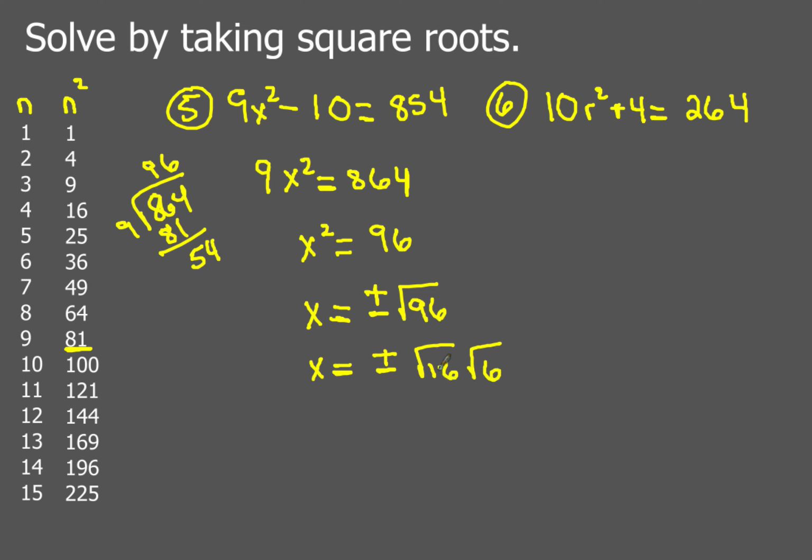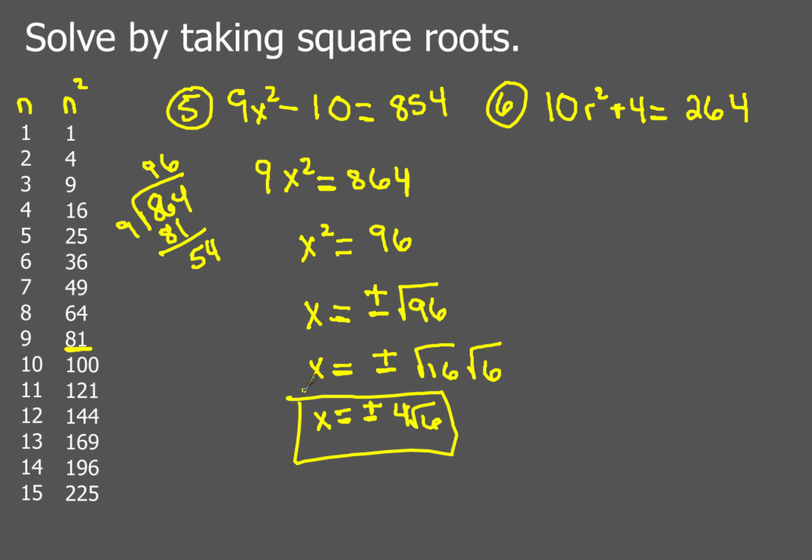And if you don't know right off the bat that 16 times 6 gives you 96, you might just have to play with it to get the number that does go into 96. And you'll come up with 16. So the square root of 16, of course, is 4. When we're all done with this one, our final answer is going to be plus or minus 4 square roots of 6. So that's it for the first example.